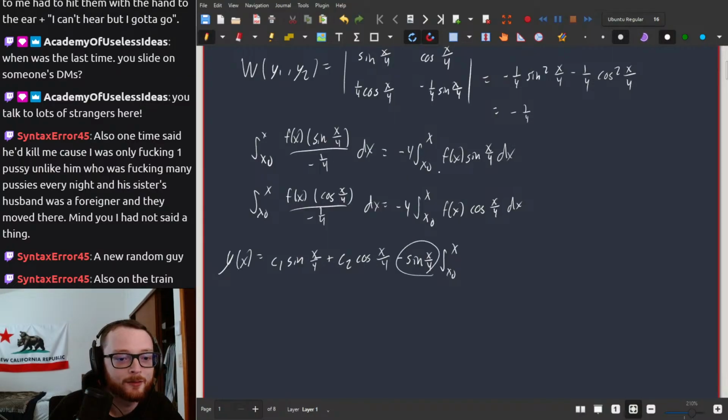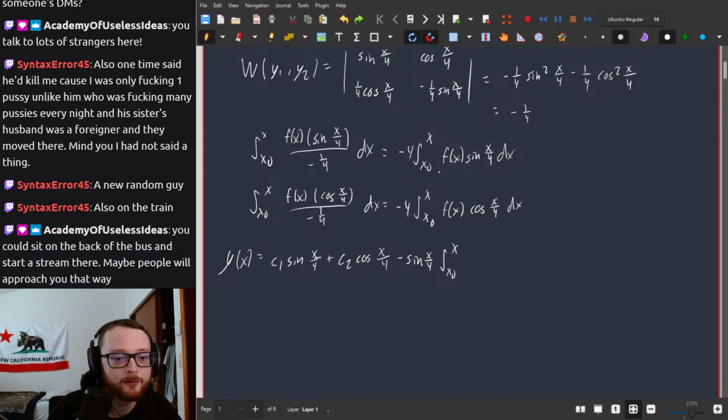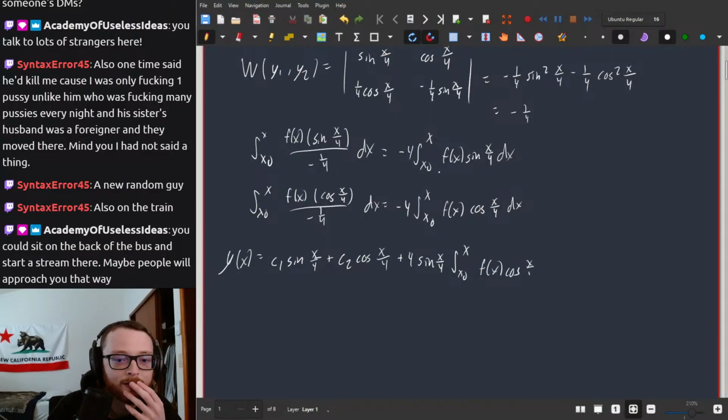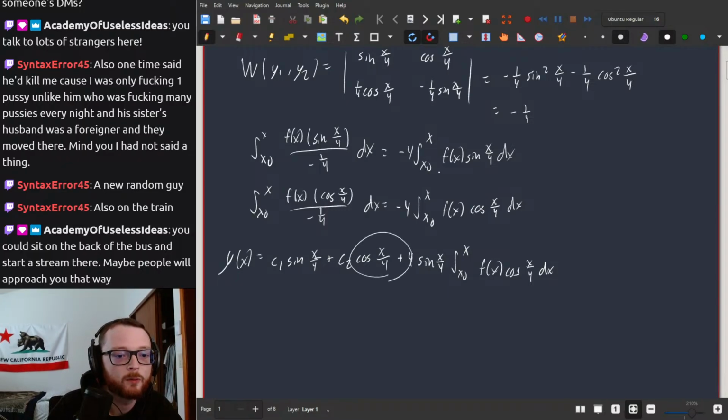So wait, this solution goes with this integral, which I simplified to that dx. And then we have another one that is y2 times that integral.